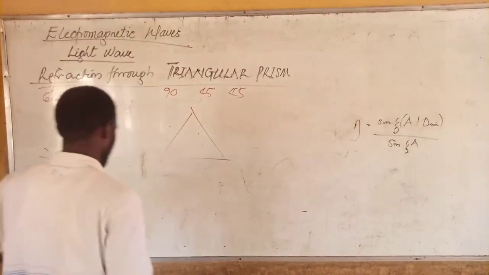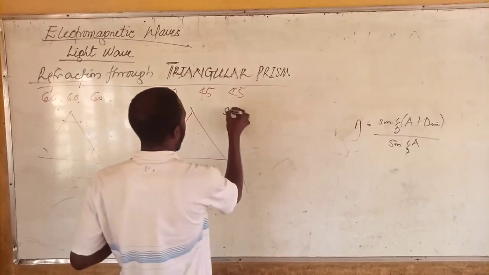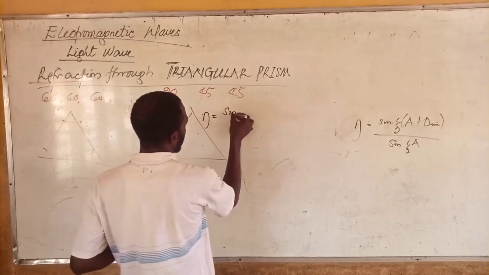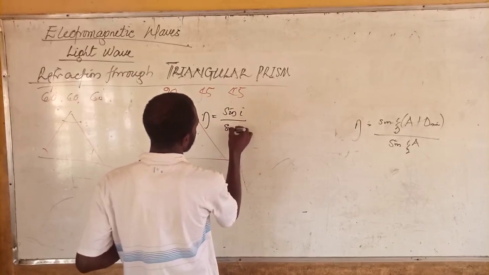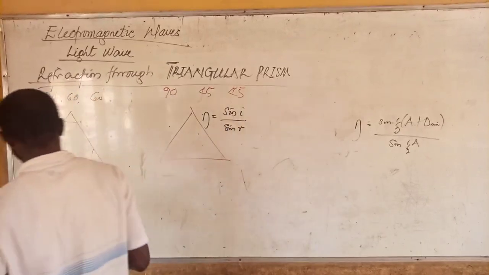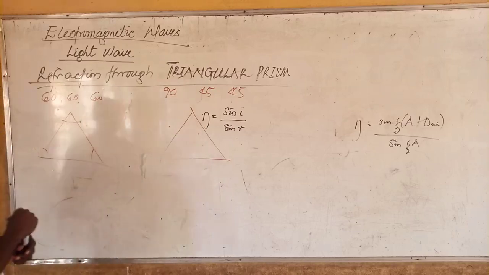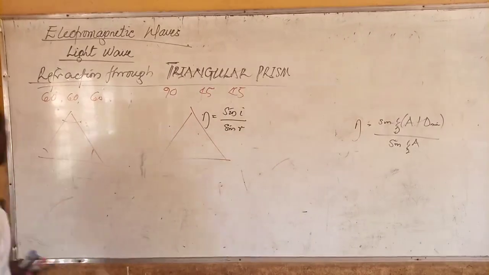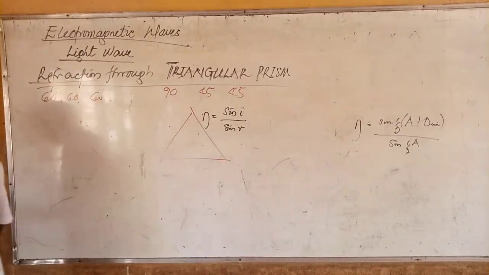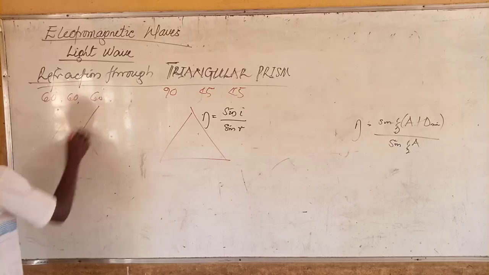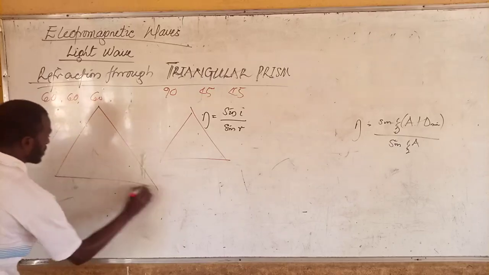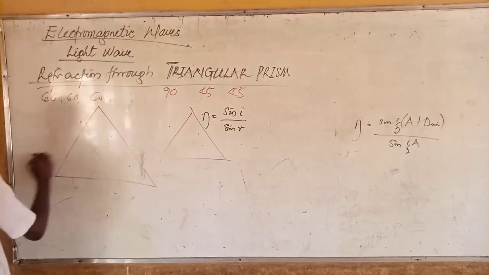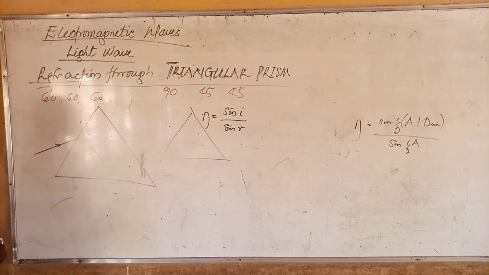All right, the first thing you should remember is the equation of refractive index. So refractive index is equal to sine i over sine r. Okay. Now, having known this, we know that when a ray of light is incident on this surface, we call this the incident ray.